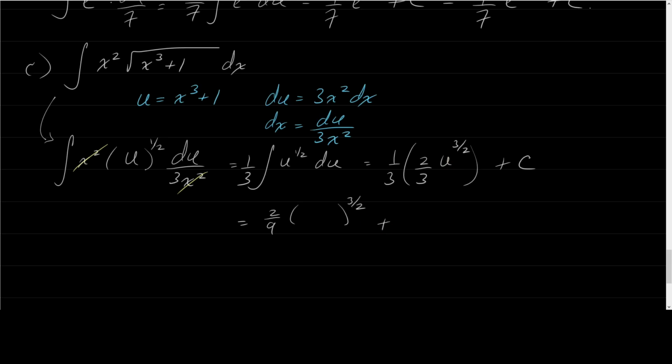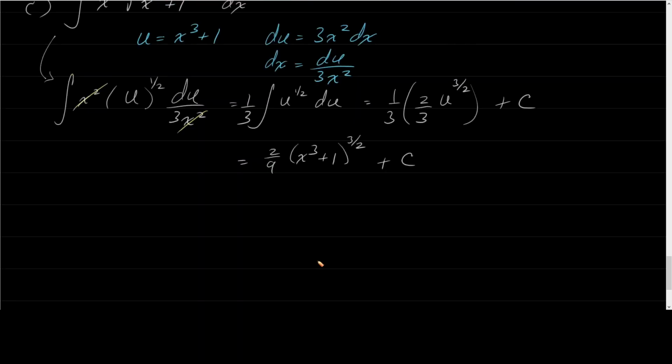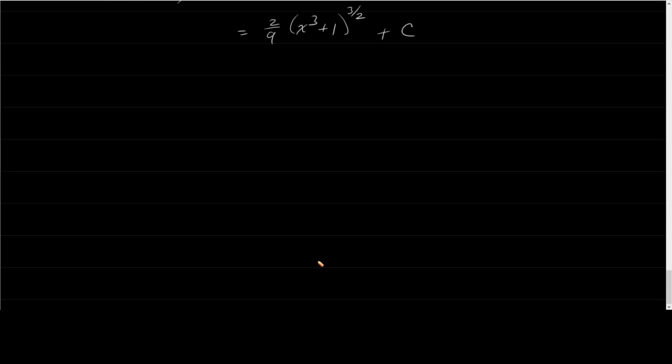Remember, the problem is not about u. It's about the x over here. So what we need to do is write x cubed plus 1. So that's c. And notice that I'm writing that plus c at the end of these integrals because these are all indefinite integrals.